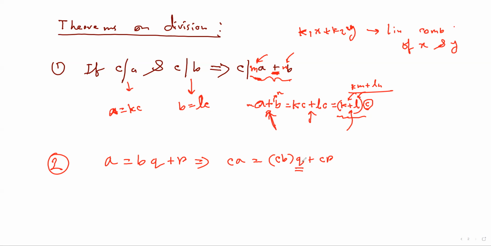And while describing the fact, I already proved it. It was that straightforward, right? I just multiplied both sides of this equation by C, and the new equation reads like this: if you attempt to divide CA by CB, CR is the remainder that you are going to get, and the quotient remains the same.